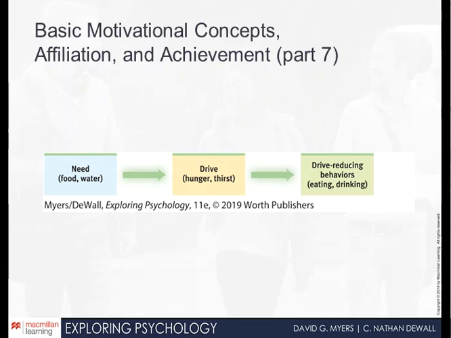We're motivated to change it, and that next leads to the drive reducing behaviors, things that will lead us to being able to eat, things that will lead us to being able to drink water. So we are motivated to do these drive reducing behaviors. And that's the basic premise behind the whole idea of these drive reduction theories, is how it works.